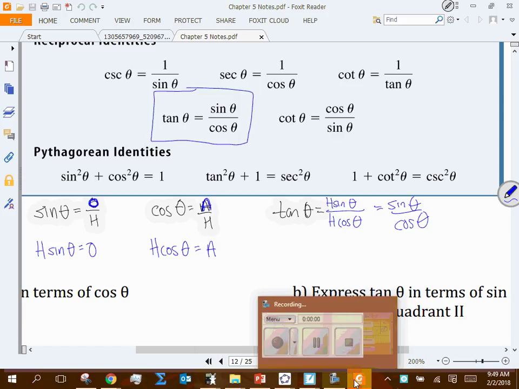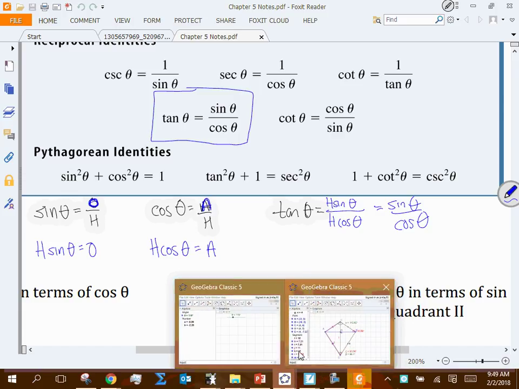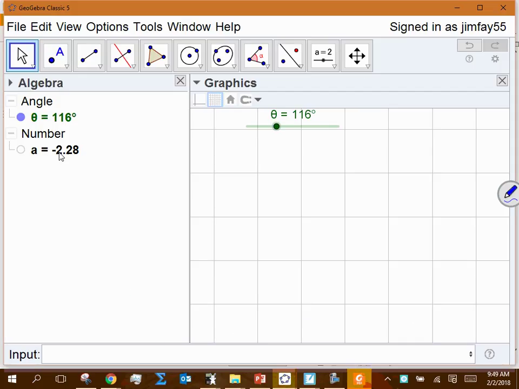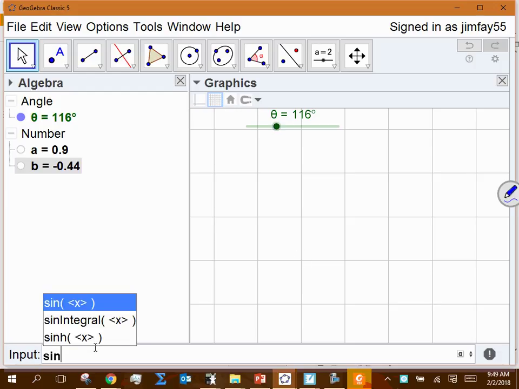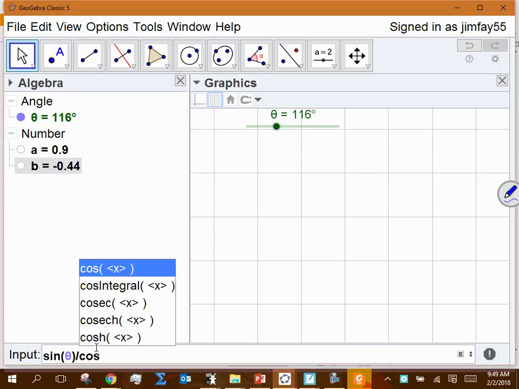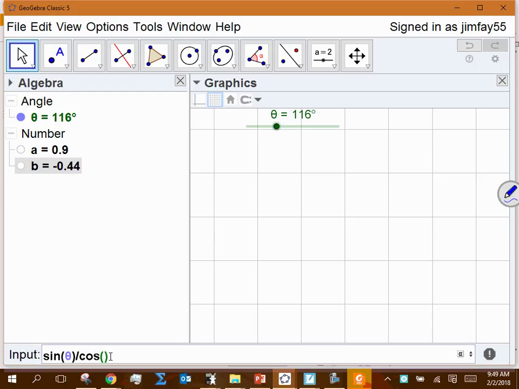let's go back to GeoGebra. Desmos doesn't allow you to do this. All right, so if I take sine of theta, obviously, it is that value. Cosine of theta is that value, and they're obviously different, right? But when I take sine of theta and I divide it by cosine of theta, it gives me that.